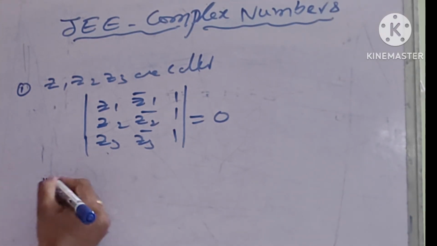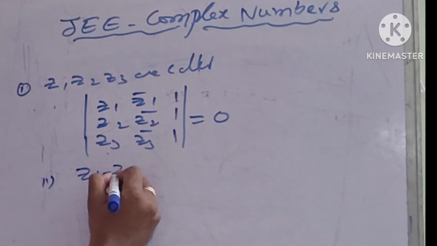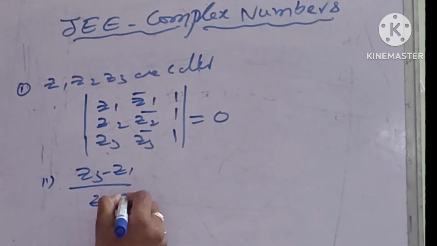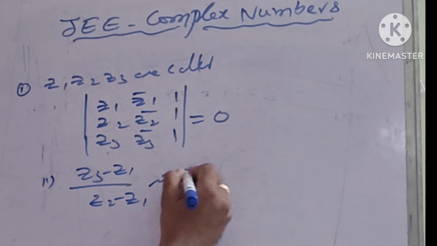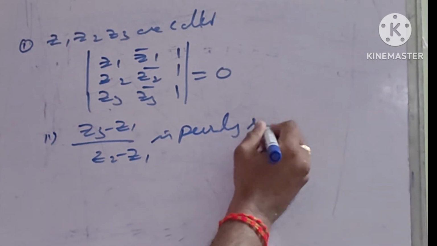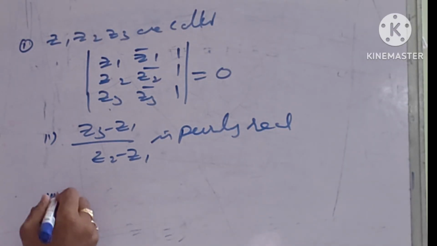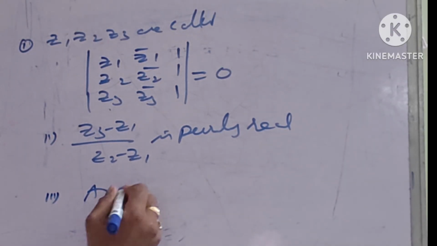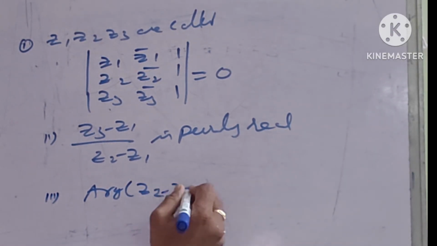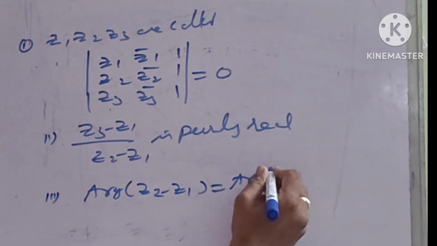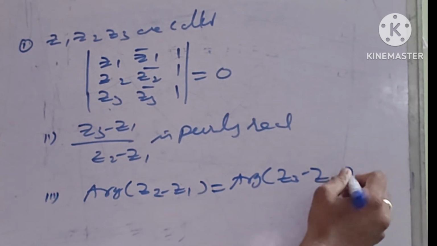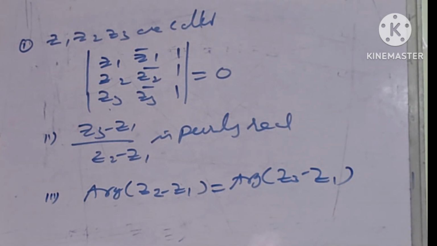Or second, (z3 minus z1) by (z2 minus z1) is purely real. Third, the argument of z2 minus z1 is equal to the argument of z3 minus z1. If these conditions are satisfied, then the points are collinear.